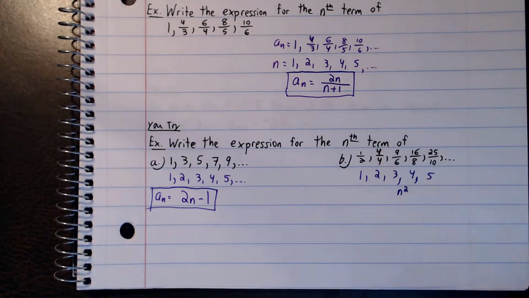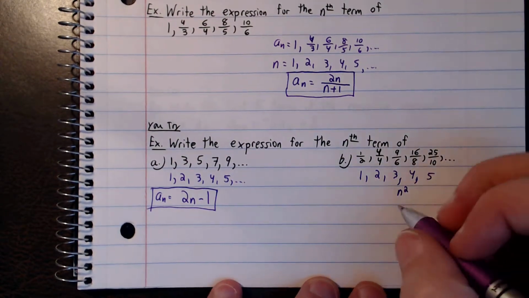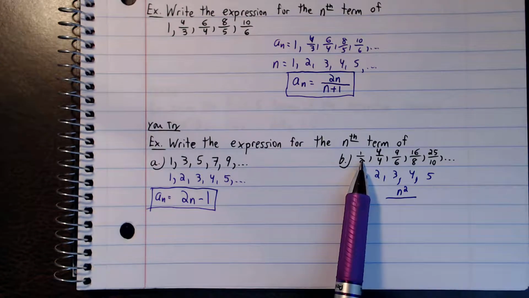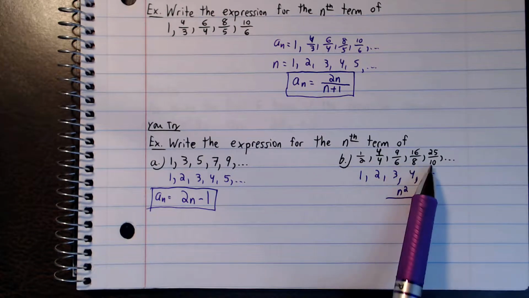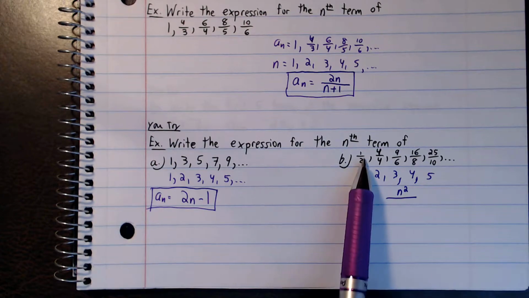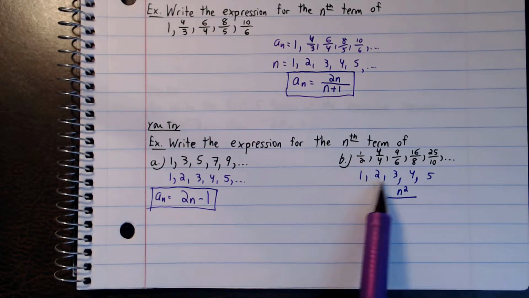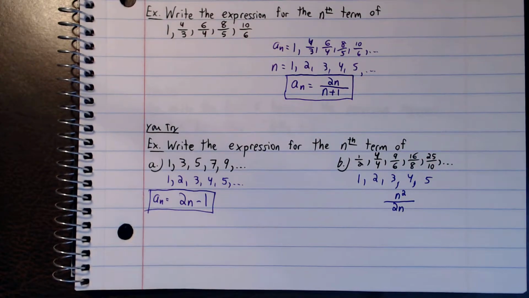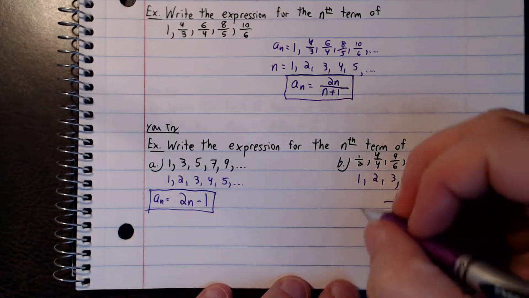Second position is 2 squared. So I don't have to do anything to our n here. It's just squaring it. As far as the bottom, I got 2, 4, 6, 8, 10. Those are evens, and it happens to be twice the position of where it's located. So we've got 2n on bottom. That seems to work for every position.